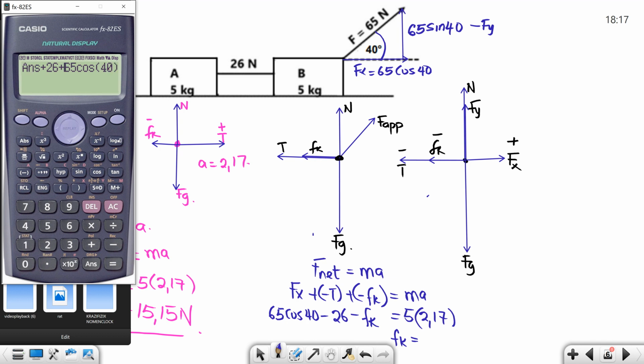This is too much. Let's see. Is there a mistake? I have moved it over to that side. What do I have? 5 times, let me check. Maybe I made a mistake there. 2,17 plus 86,64. Is this what you guys have?